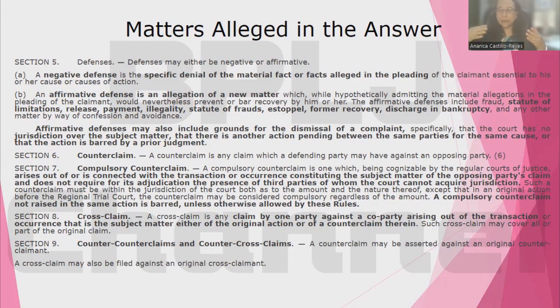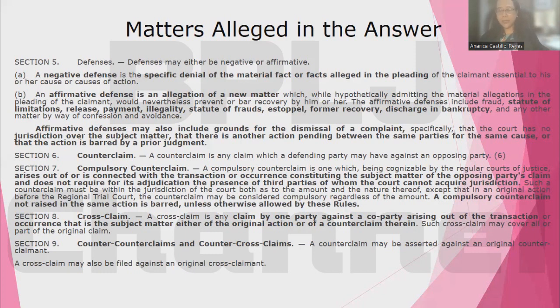We will discuss that later, but it is sufficient to state right now that a negative defense is one in which the defendant sets up a specific denial of the material facts alleged in the complaint. On the other hand, an affirmative defense is an allegation of a new matter which, even hypothetically admitting the material allegations in the complaint, would nevertheless prevent or bar recovery by him.